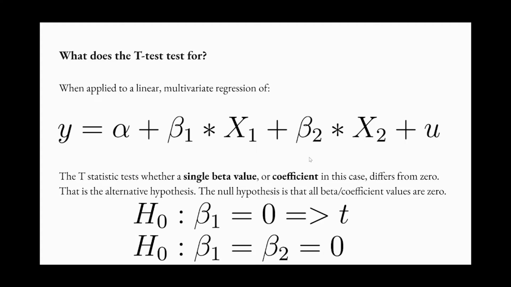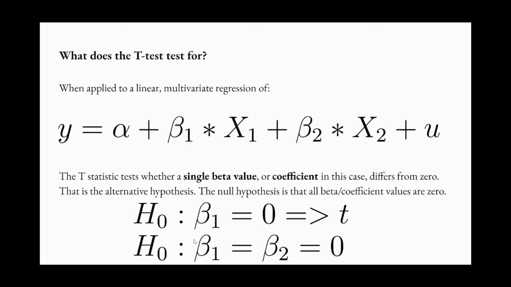The null hypothesis of the t-test is that beta 1 equals 0. So basically that the univariate variable has a mean that's equal to 0. So the alternative hypothesis is that beta 1 is not equal to 0 for a t-test.